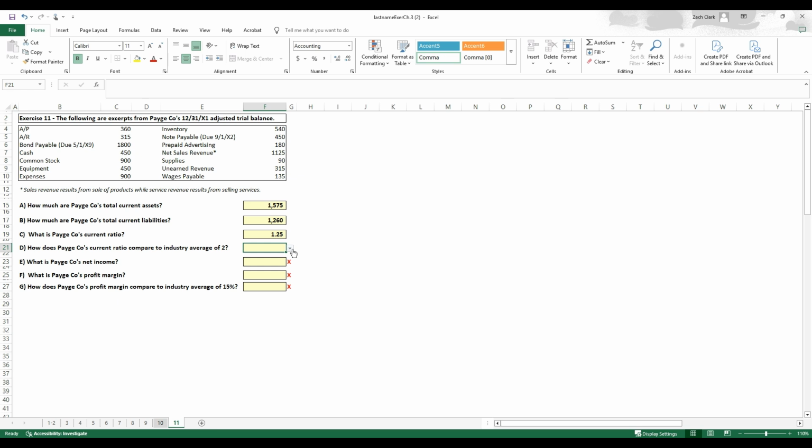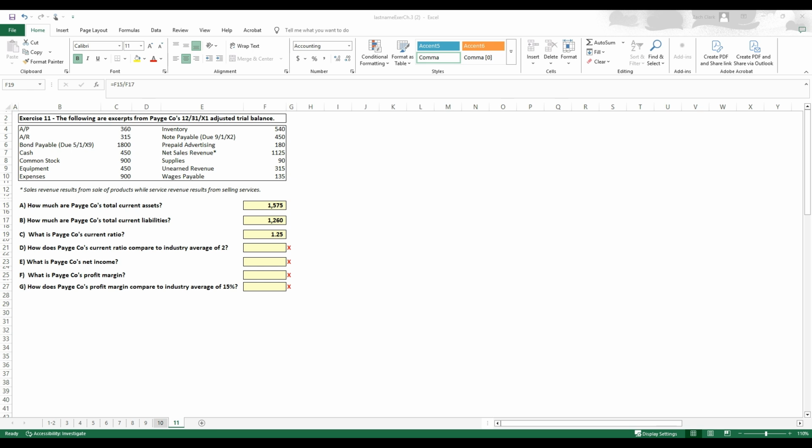How do we compare? If we have current assets over current liabilities, then you want a bigger ratio.